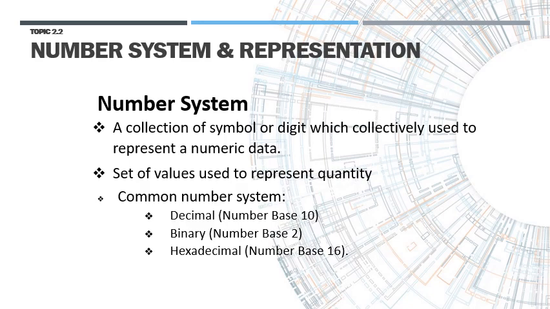It is a set of values used to represent a quantity. There are common number systems that we will discuss: decimal, number base 10; binary, number base 2; and hexadecimal, number base 16.